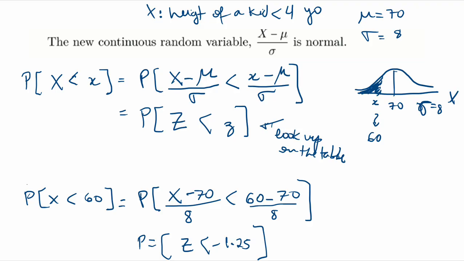Cool. What else do I do? So I subtract that value, and now I divide the new curve. So I'm dividing the x minus mu by sigma. Okay?